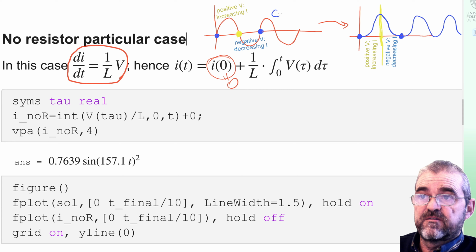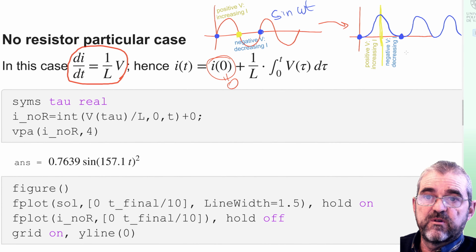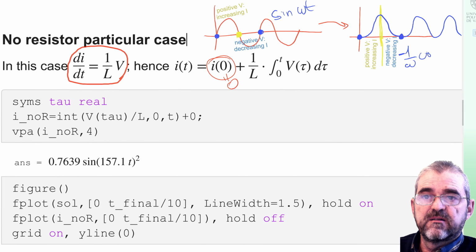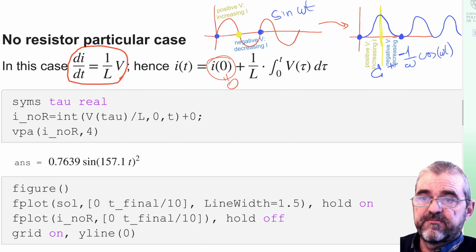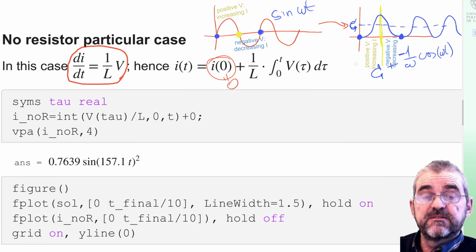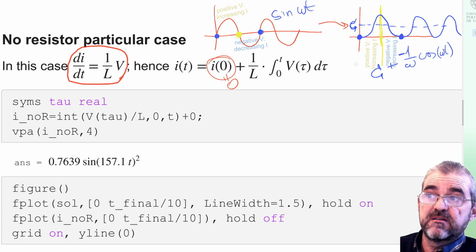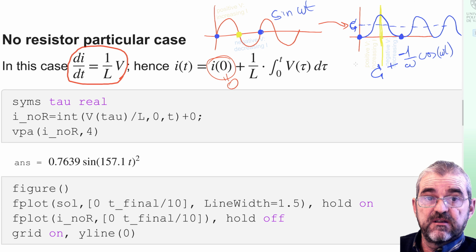The integral of sine omega t will be minus 1 over omega cosine of omega t plus a constant, and that constant will be this DC component that, in the case of not having any resistor losses, will remain forever.